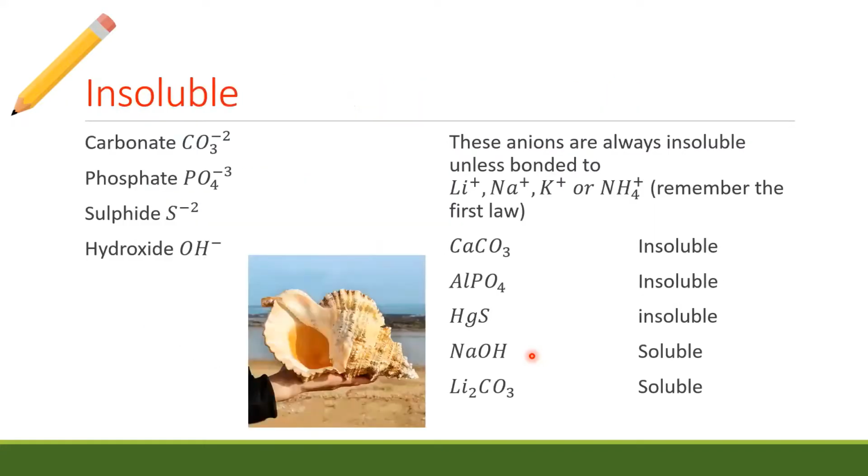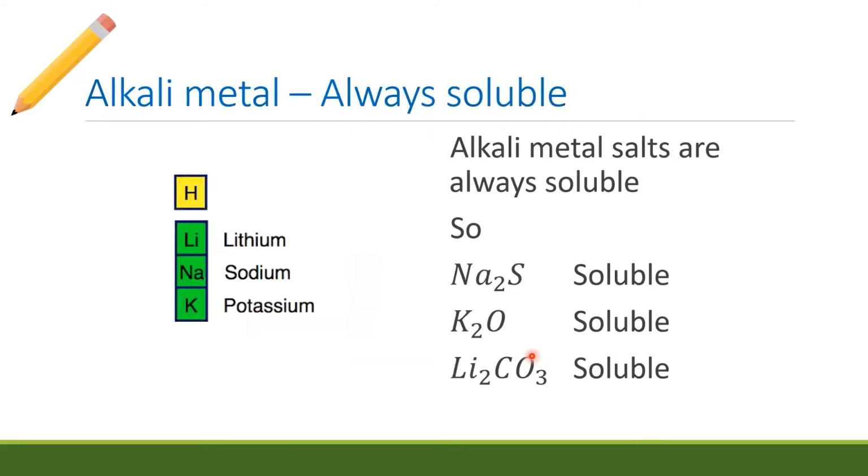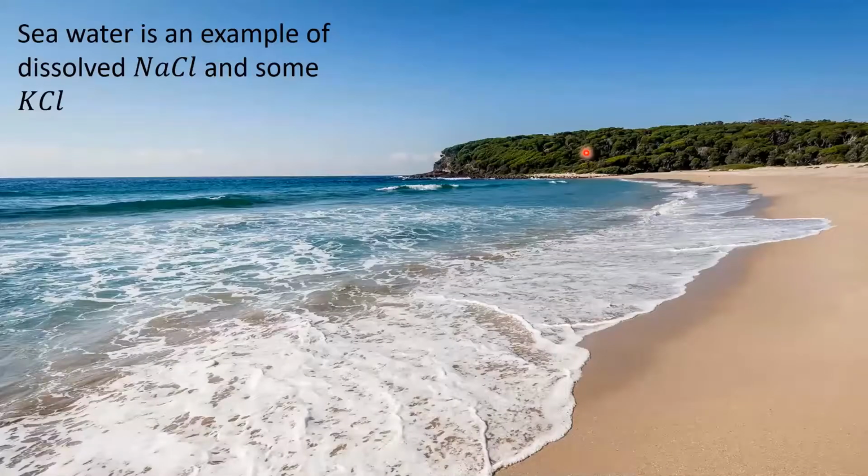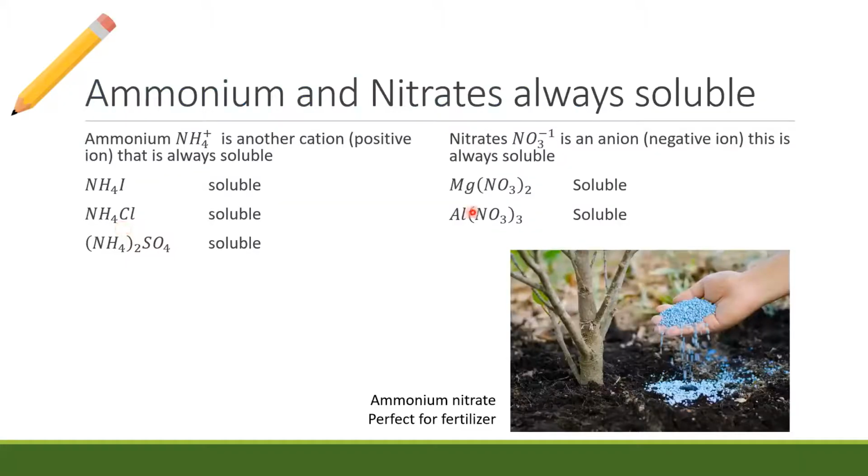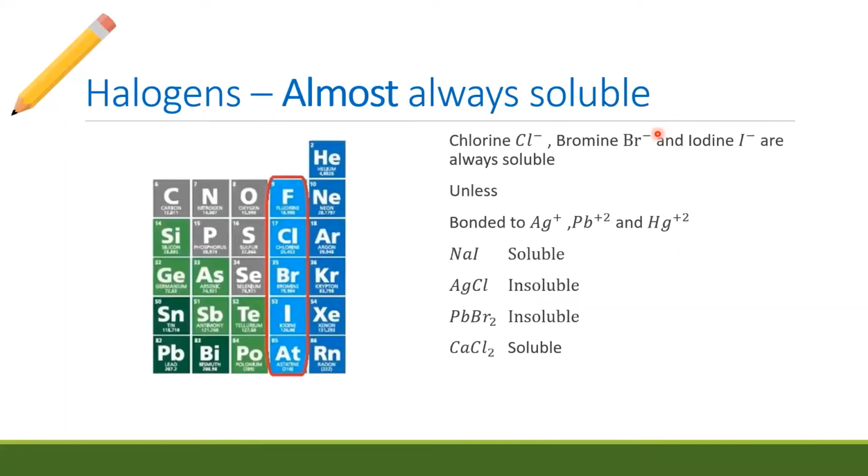We've got a couple more, but before we do that, let's go back over it really quickly. So, sodium, lithium, potassium, always soluble, no matter what. NH4, NO3, always soluble, no matter what. NH4 is the cation, NO3 is the first anion, the first negative one, but it's the only one that's soluble no matter what.